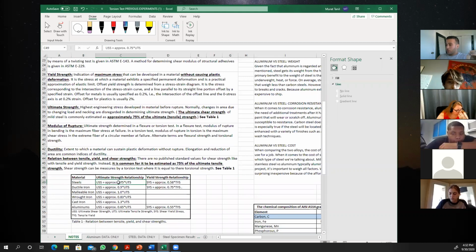So if you look at this table for steel, the shear strength is approximately 75% of the ultimate tensile strength. For yield strength, it is approximately 0.58 times tensile yield strength.